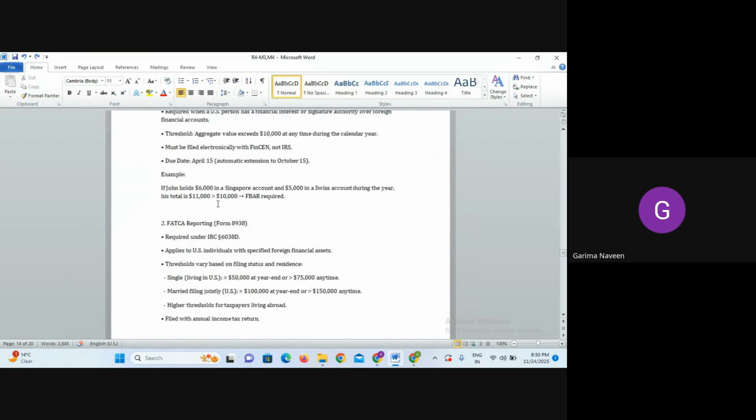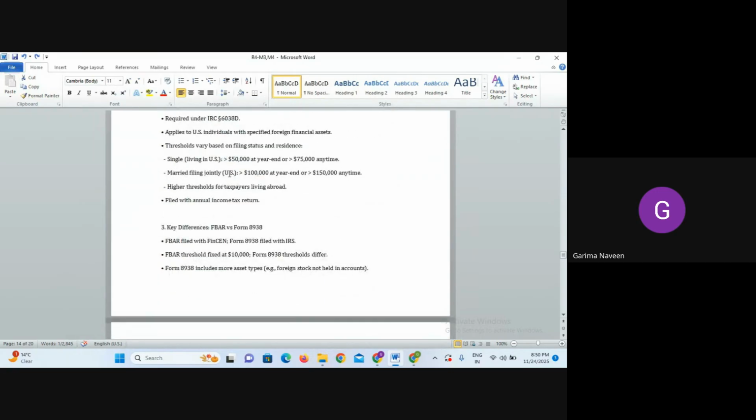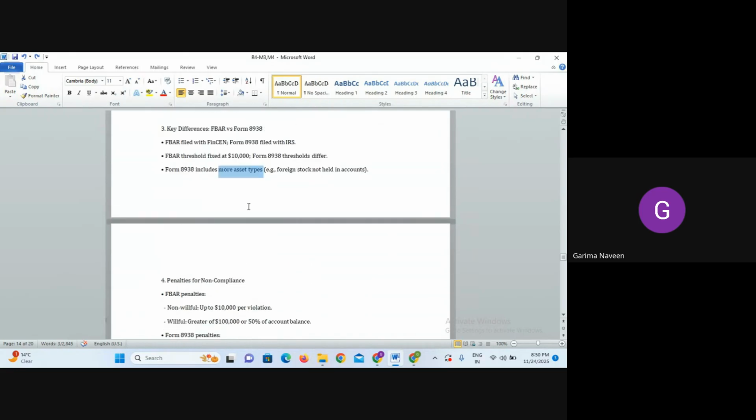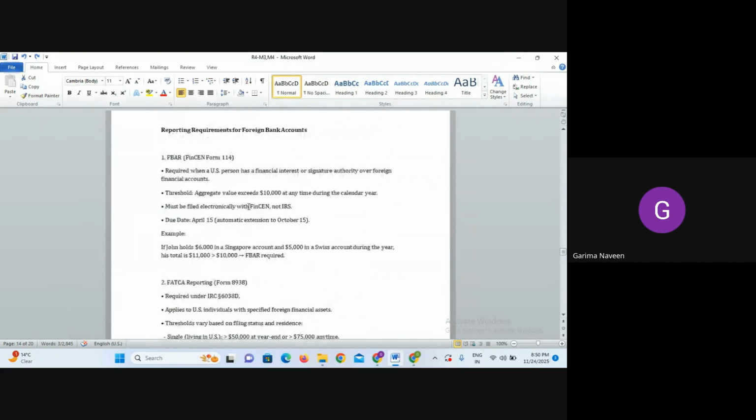Here the limit is $10,000 and here it depends upon your filing status. Form 8938 includes more asset types. Mainly, you should know that if you have an amount in your foreign bank account exceeding $10,000, then you have to file this form.